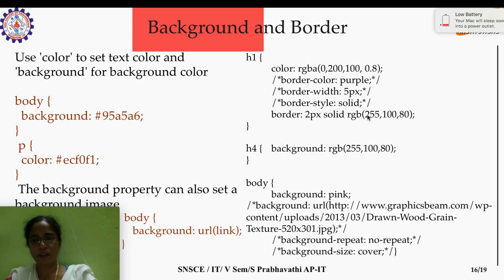And rgb means that color alone, mentioned without the opacity. This is the H1 background, rgb with this color. So there are different ways of mentioning colors: the functions rgb and rgba, directly the pound symbol with 6 values, or, if you are familiar with the names like black, white, red, green, those can also be used.